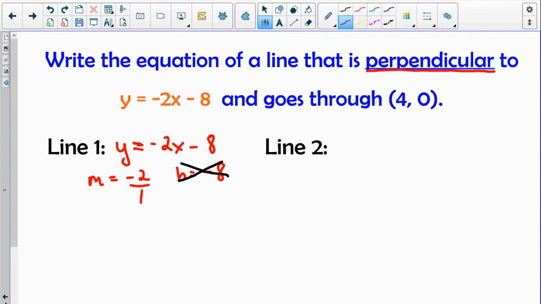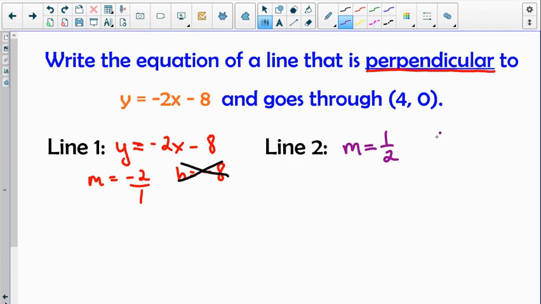Because in our other line that we're trying to write, it has to be perpendicular to line 1, so the slopes must be opposite reciprocals. Since line 1's slope was already a negative number, line 2's slope is going to be a positive number. And we just have to flip the fraction upside down. So instead of a -2/1, we would get a positive 1/2.